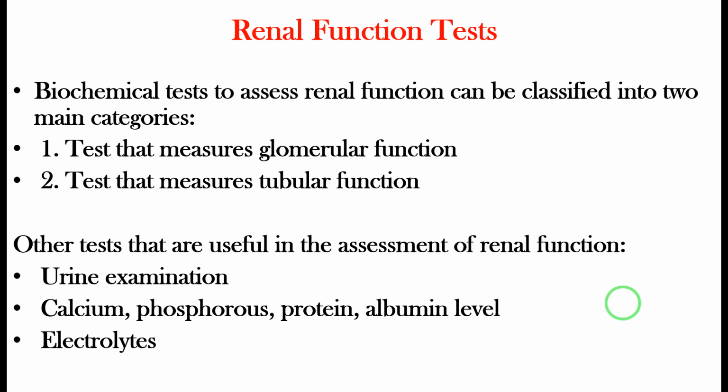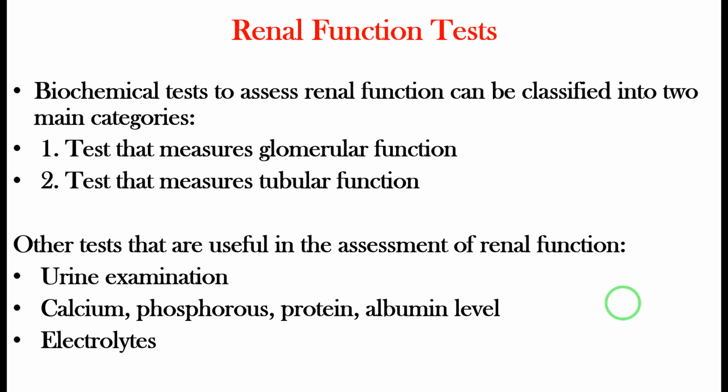Also, the calcium and phosphorus may be affected, since the kidney is important as the final site for the hydroxylation of vitamin D and the production of active vitamin D. So if there is renal impairment, the level of vitamin D will decrease. So the absorption of calcium and phosphorus may be affected, and the bone metabolism eventually is affected.